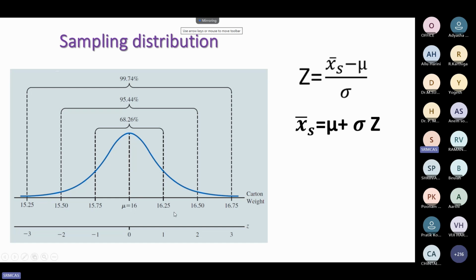Okay. So here, if we say that out of 100 we have 5 chances of committing type 1 error, then 95% is the confidence level. So that means that 95% of the chances may truly represent the population parameter.